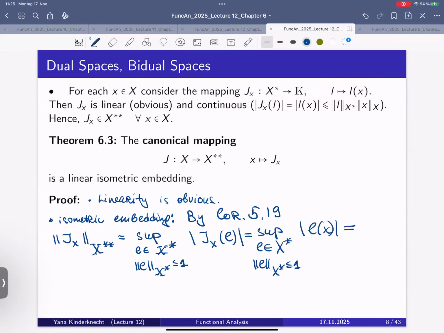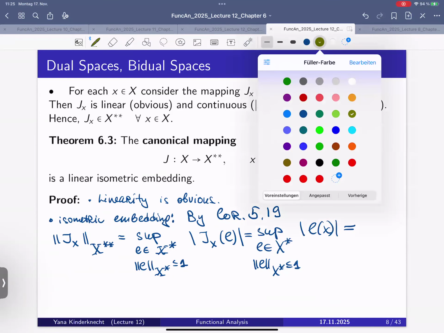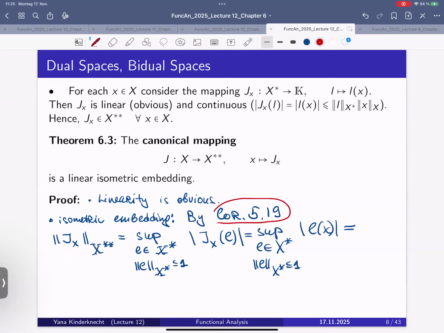And now here I use this corollary. This goes here. This is just the norm of x in X. So you see we have an isometry.